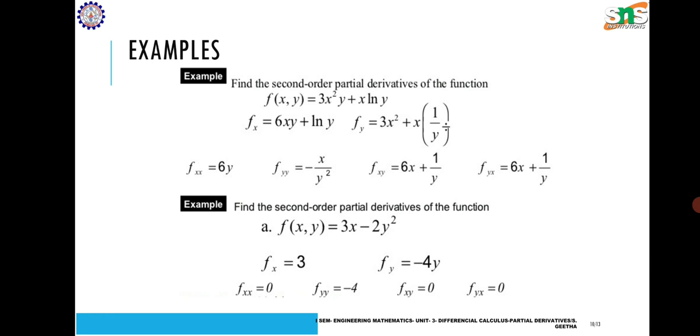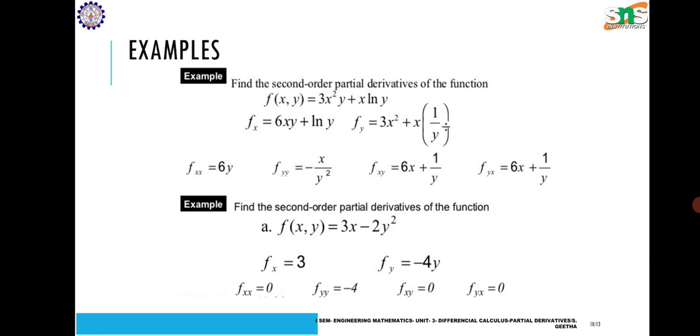Next we are going to find fxy. Differentiating fx with respect to y. So fx is equal to 6xy plus log y. In both the terms we are having the y variable. Differentiating 6x into y, we get 1 into 6x, plus the differentiation of log y is equal to 1 by y.